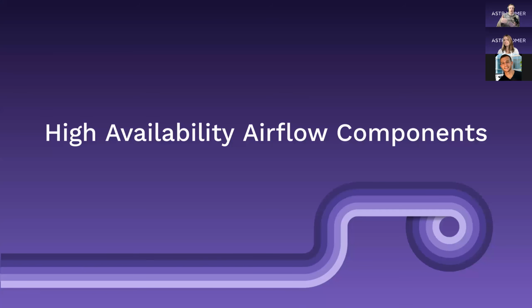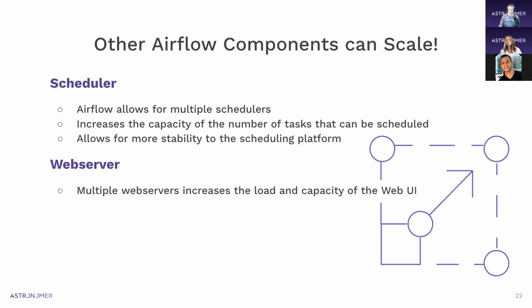Taking a step back from workers and tasks, we can also talk about the high availability of Airflow components, which is something that was introduced in Airflow 2. Really great feature. Other Airflow components besides the worker pool can also scale. Scheduler, so Airflow allows for multiple schedulers, which increases the capacity that the scheduler can handle when it's scheduling and delegating tasks.